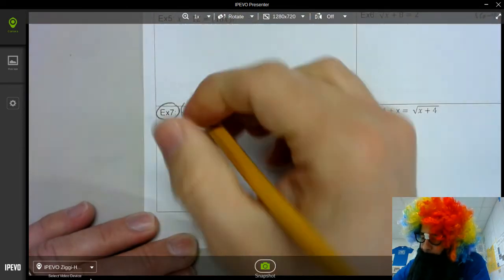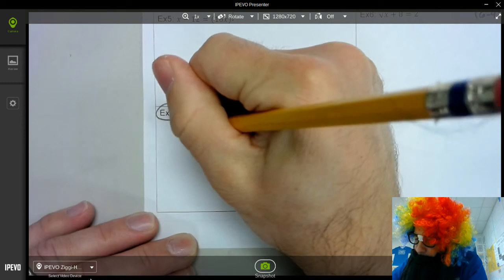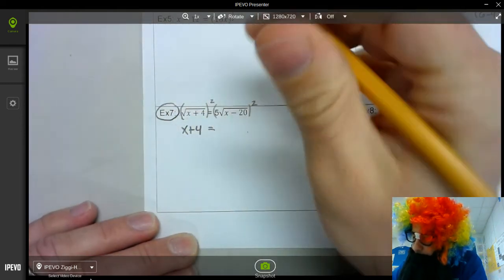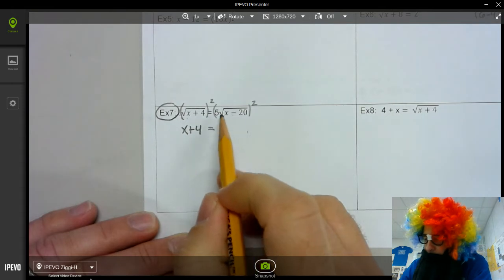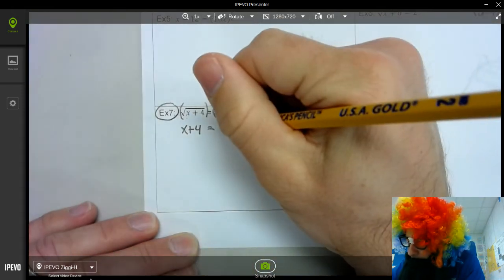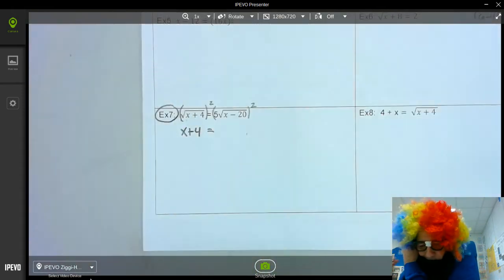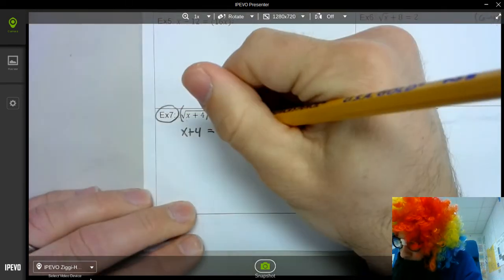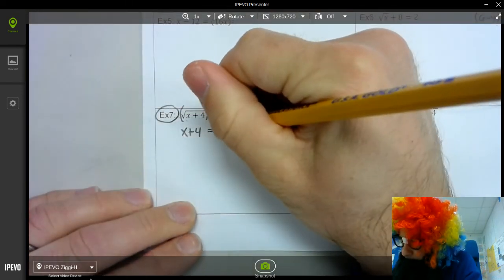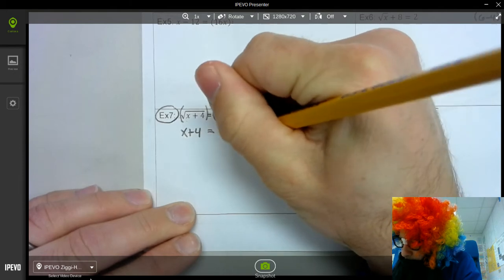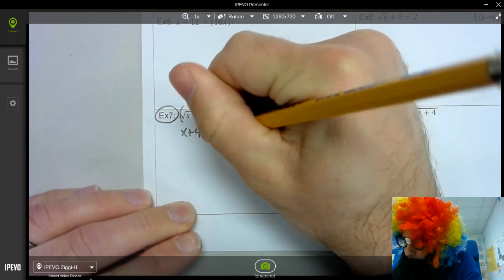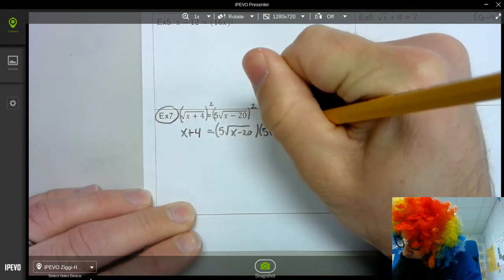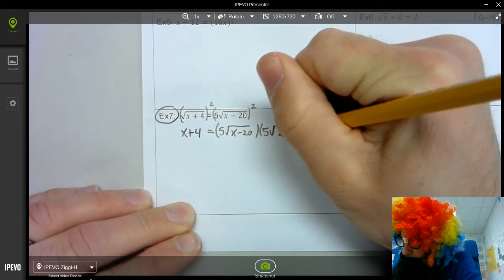Well, this becomes the power of 1, so you get x plus 4 equals, now if you square, you end up getting 5 squared, because what happens here is this becomes 5 square root of x minus 20 times 5 square root of x minus 20.